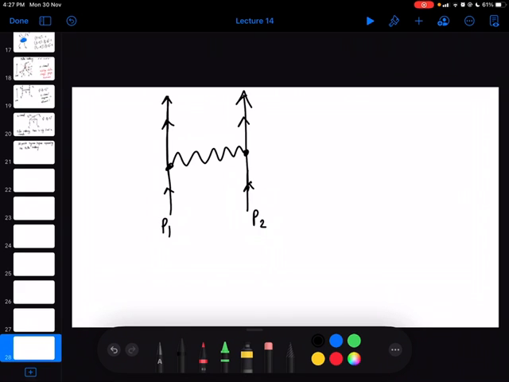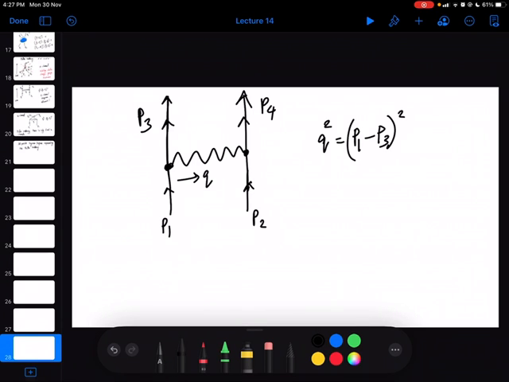Let me call these P1, P2, and then P3, P4, and this would be Q. From energy-momentum conservation at each vertex, Q is equal to P3 minus P1, or equivalently P1 minus P3.